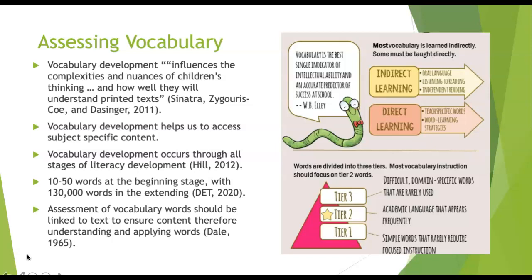Department of Education, 2020. Assessment of vocabulary words should be linked to a text to ensure that the content is therefore being applied to different points of meaning. Dale, 1965.